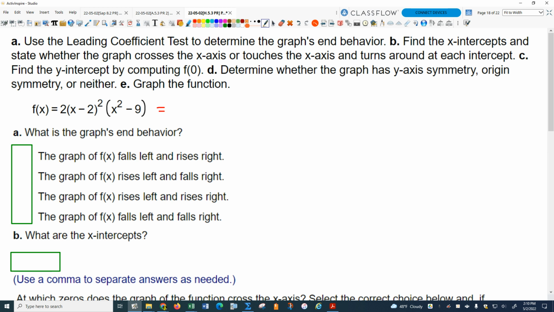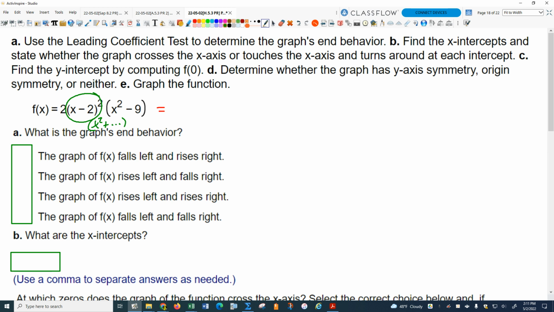So if I were going to expand this whole thing out, when I expand out this part, I'm going to get an x squared plus other stuff, right? Everybody agree? And we don't really care about the other stuff. So 2 times that is going to give me a 2x squared.